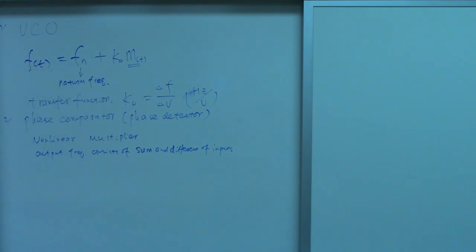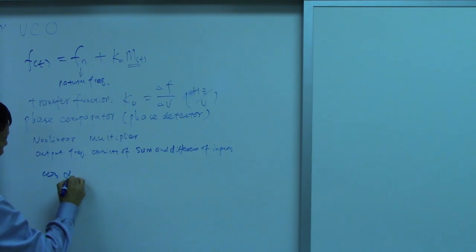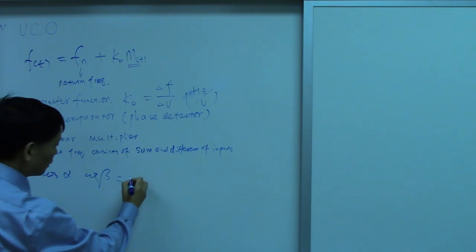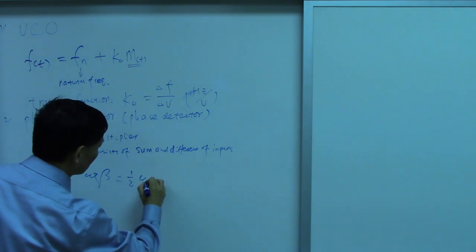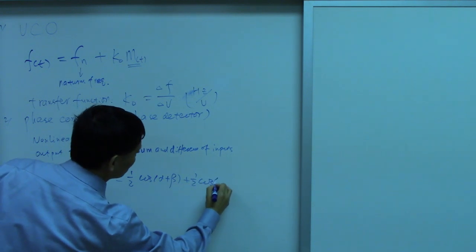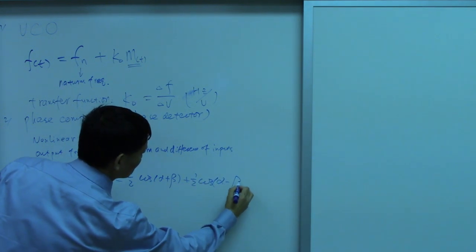From trigonometry, which we mentioned in the first chapter, the product of two cosine functions: cosine alpha times cosine beta equals a half cosine of alpha plus beta plus a half cosine of alpha minus beta.